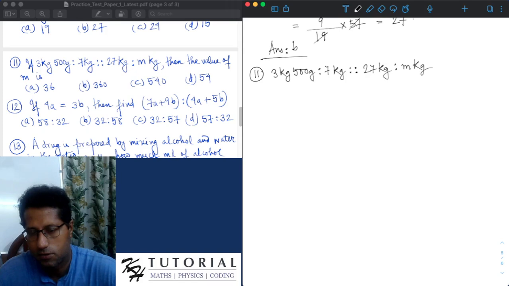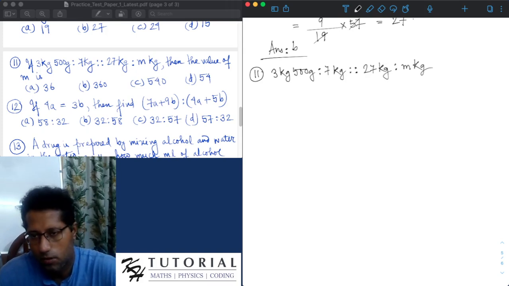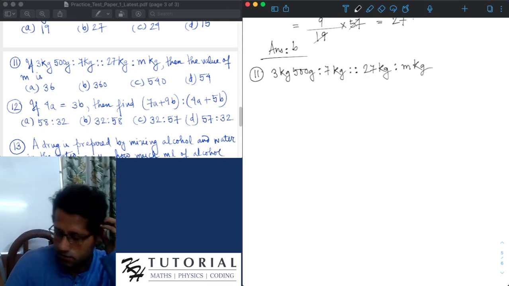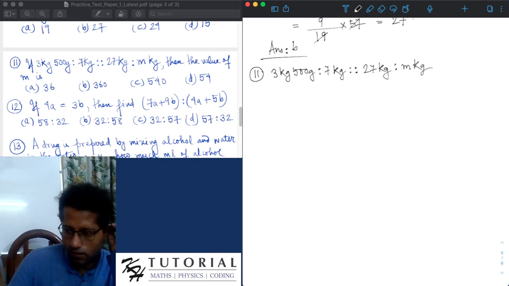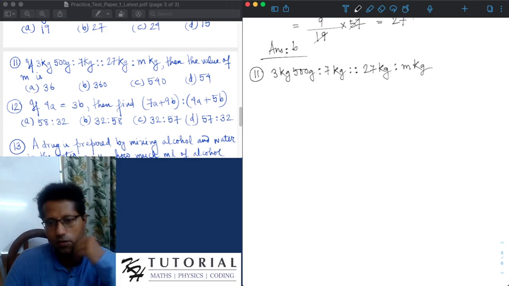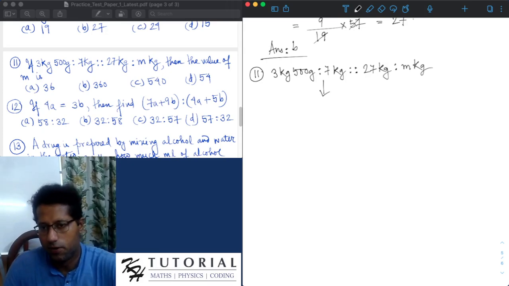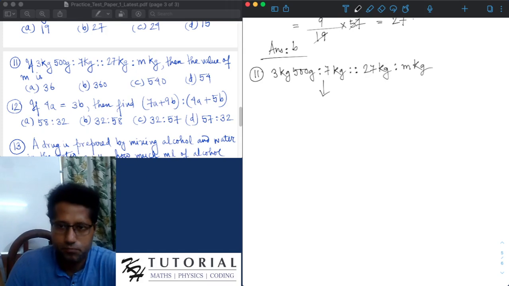And I think we have to convert all the quantities into gram, because when you are given a ratio of two quantities, first of all those two quantities should be of the same kind and of the same unit. Now if they are of the same kind but not in the same unit, you have to first convert them to the same unit.